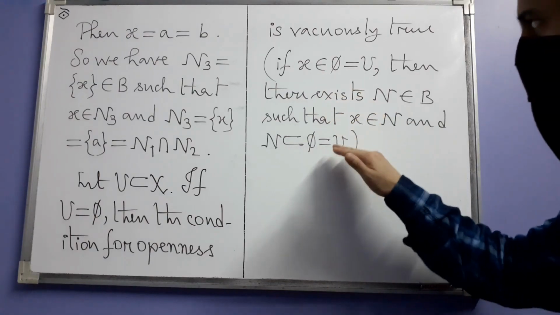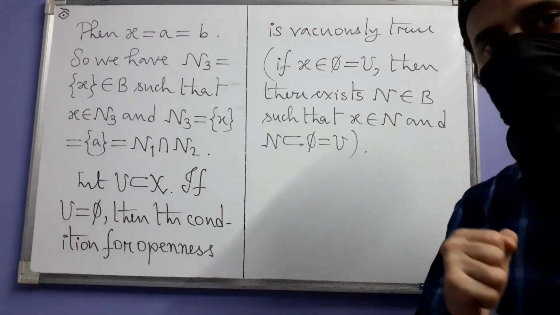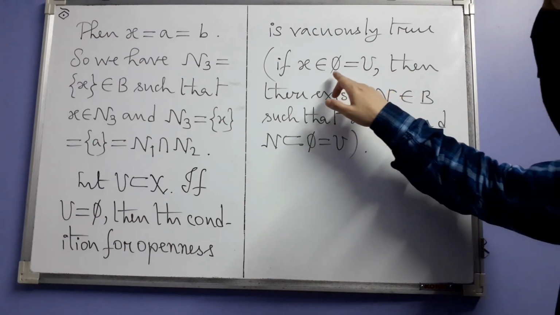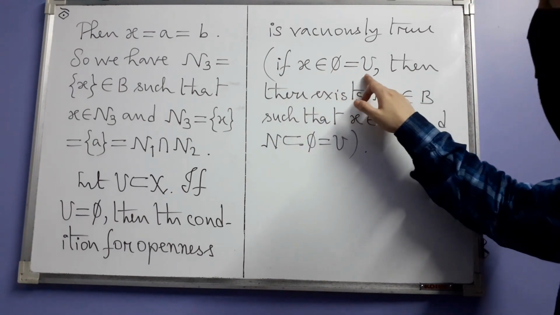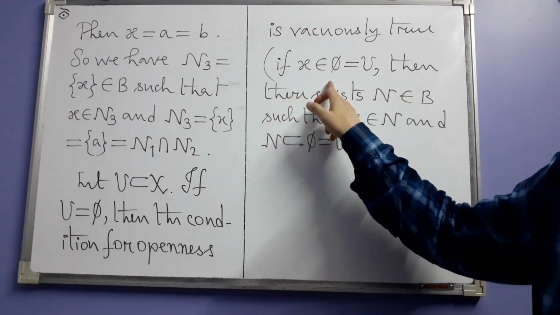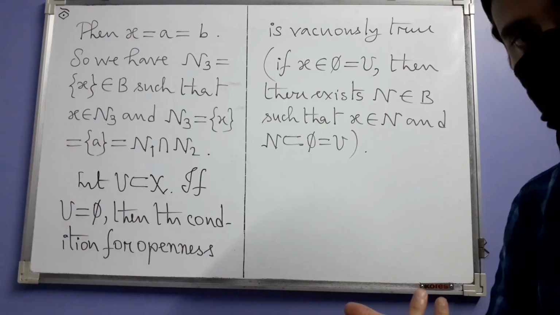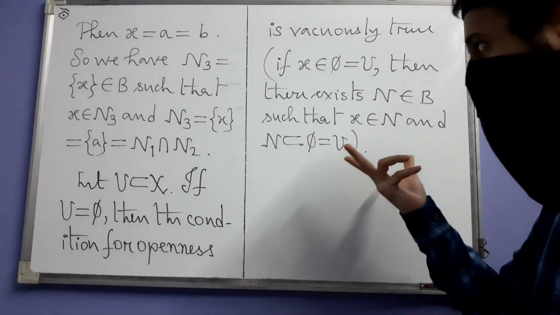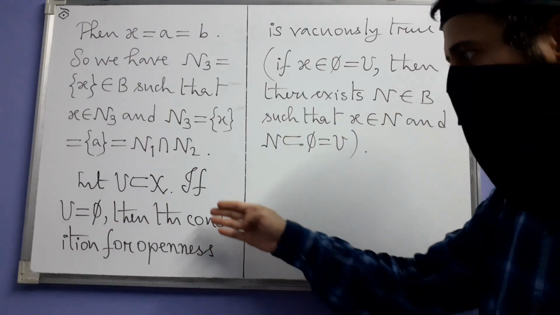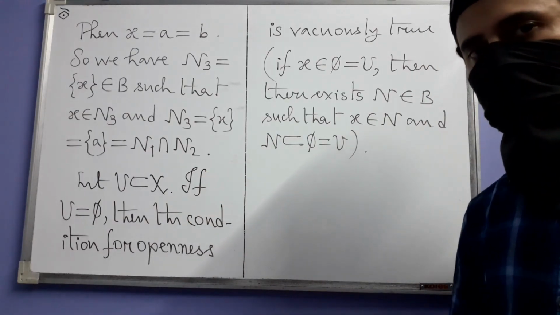What is the structure of this sentence? It's an implication, it's an if-then statement. And the hypothesis of this implication is this statement: if X belongs to the empty set, which is false, and that is why the implication is vacuously true, but true nonetheless, and that is why the empty set is open.